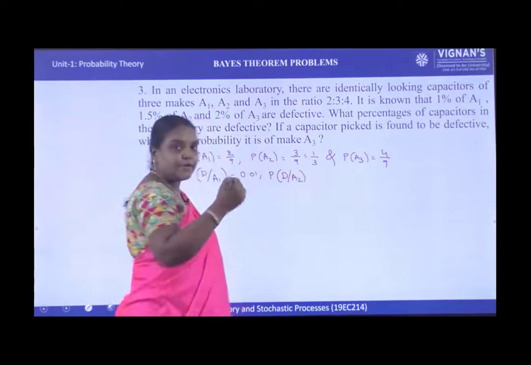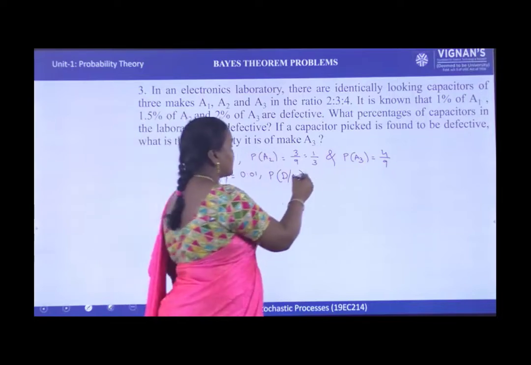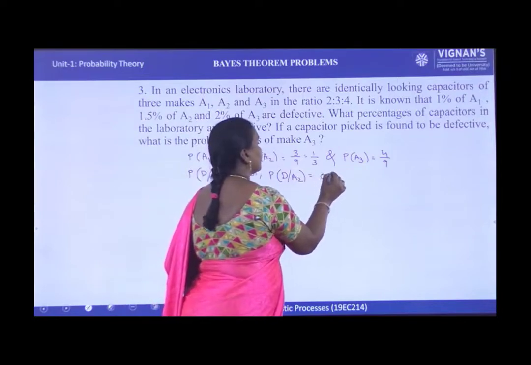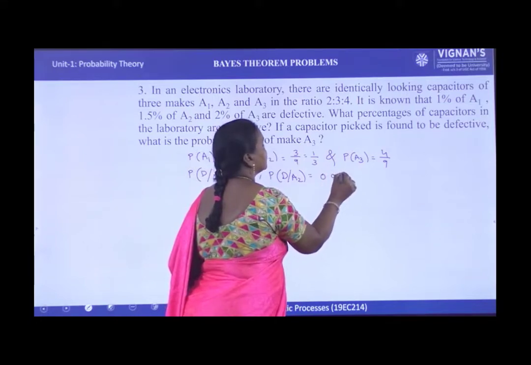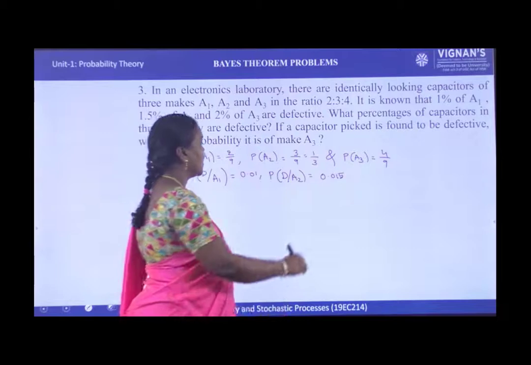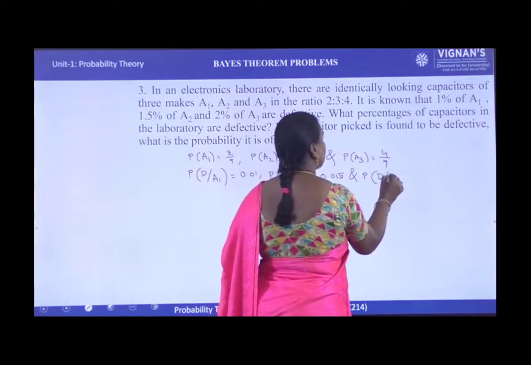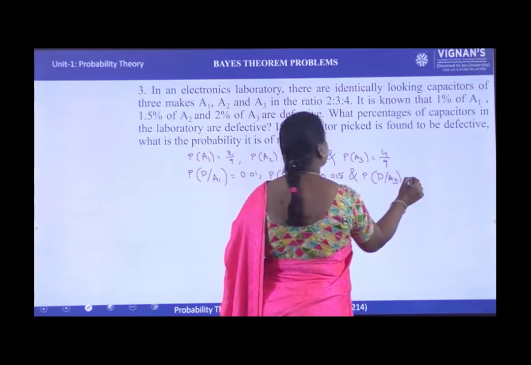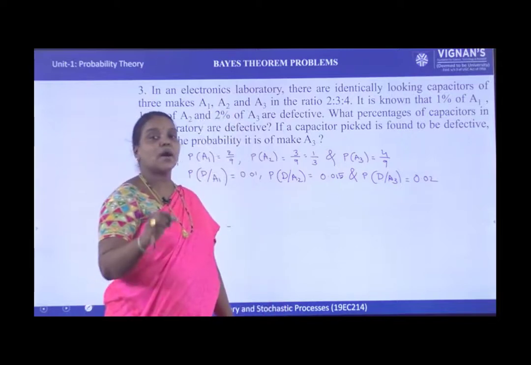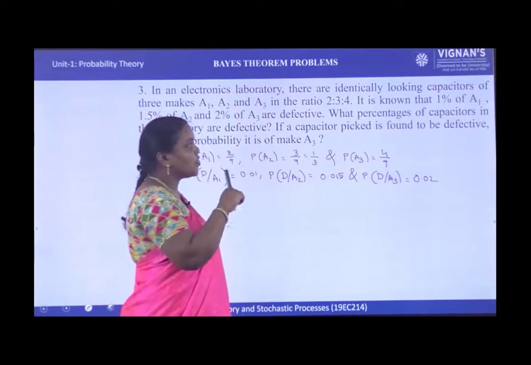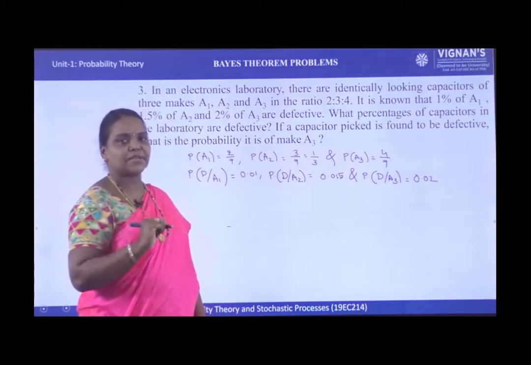If it is an A2 company product, then what is the probability of defectiveness? 1.5%, so it is 0.015. And P of D by A3, it is 2%, so 0.02. Okay, once you understand the given problem and if you are able to write them in notation form, half of the problem is completed.